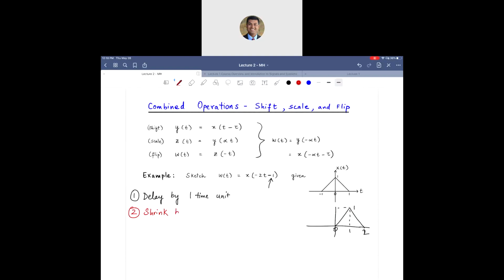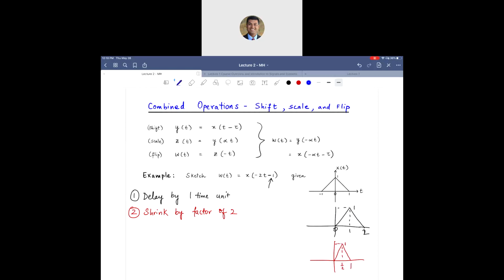Shrink by factor of 2. So this now becomes what? 0 remains 0, 2 will become 1, so it will become like that. The amplitude will remain as is. I've essentially compressed it.